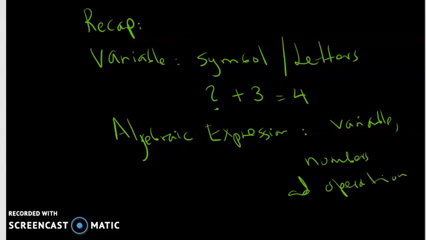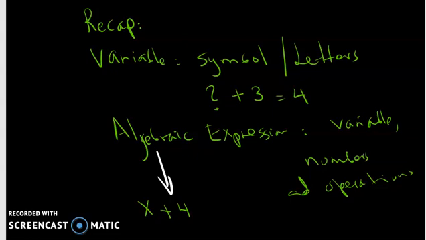Or in other words, it is a mathematical relation that is composed of variables, numbers, and operations. So given x plus 4, no equal sign, x plus 4 is our algebraic expression.